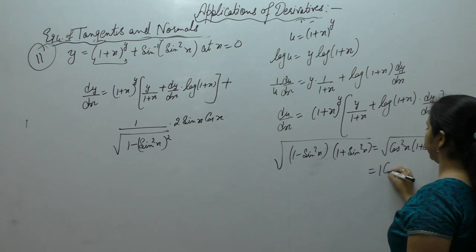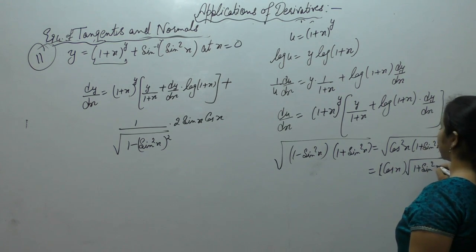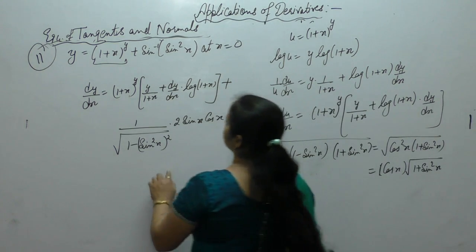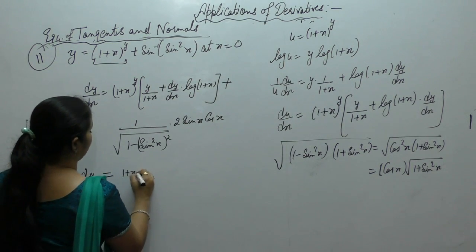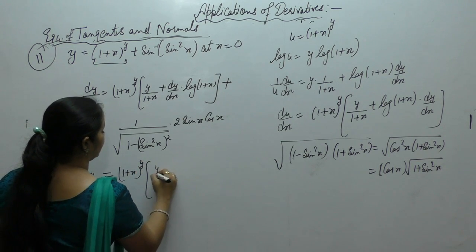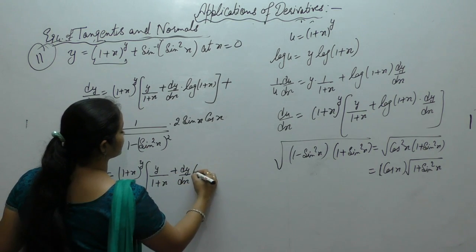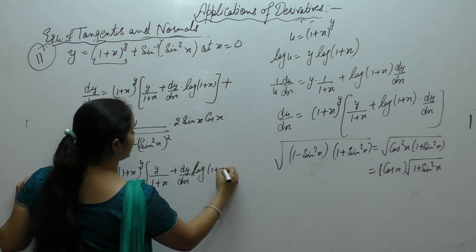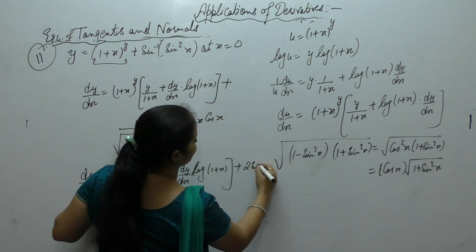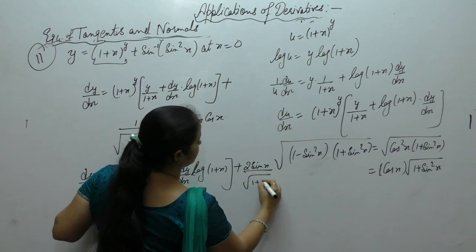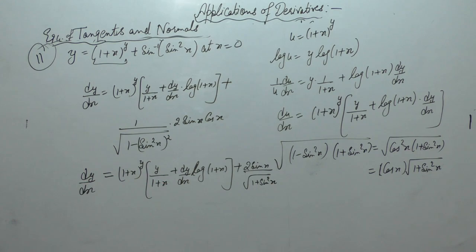We can write it as cos x into square root of 1 plus sin²x. So dy/dx = (1 + x)^y [y/(1 + x) + dy/dx log(1 + x)] + 2 sin x cos x cancels, upon square root of 1 plus sin²x. Is it clear up to here?